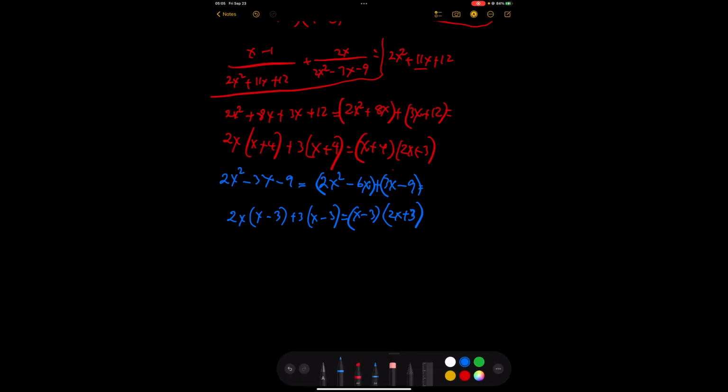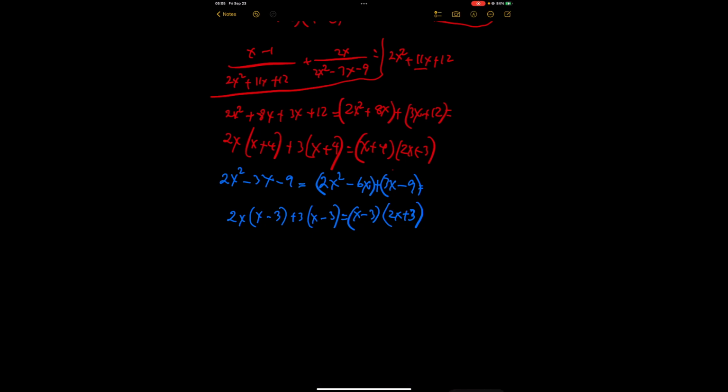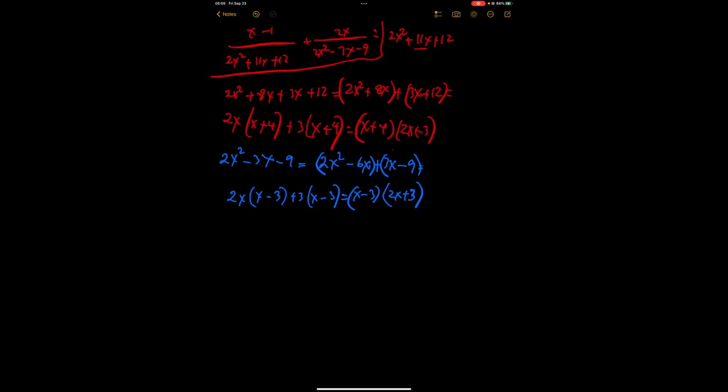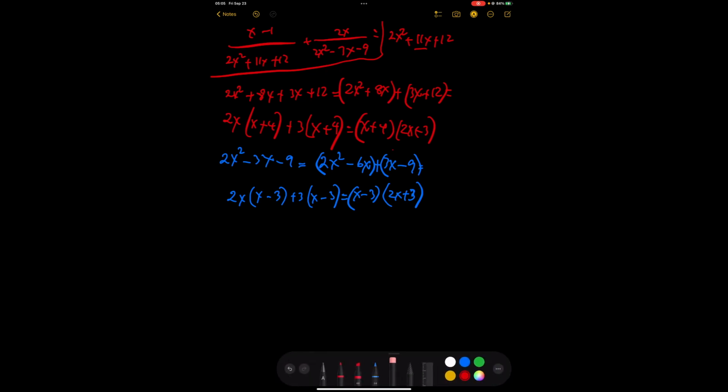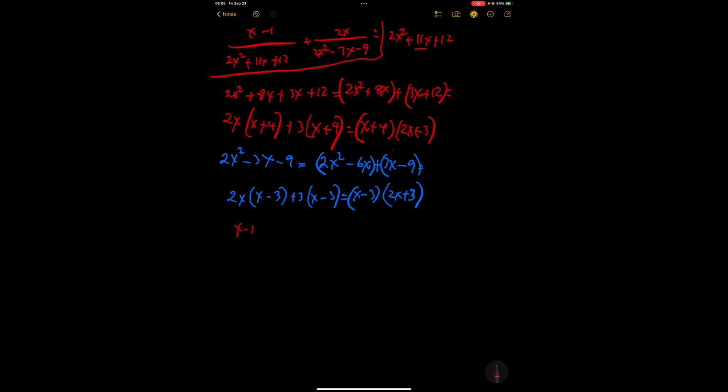So what I'm going to do now is go back to my original operation. So it's x minus 1, and I'm going to rewrite this denominator right here as x plus 4 times 2x plus 3.